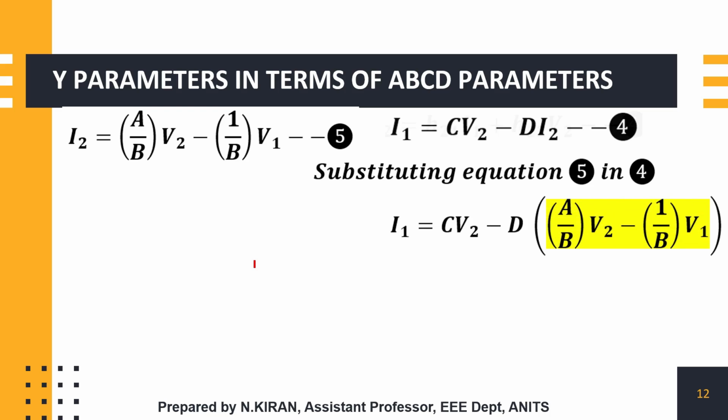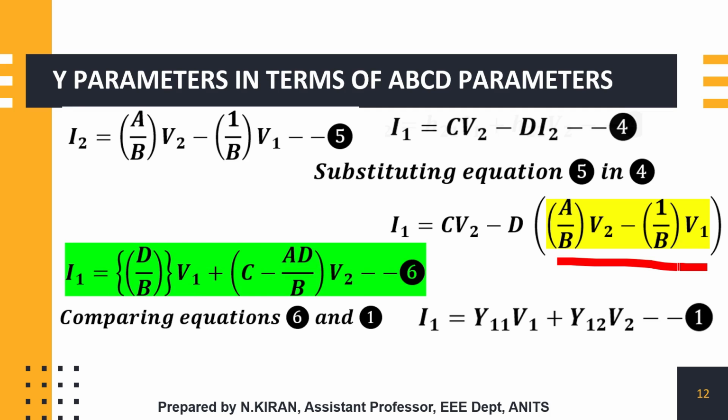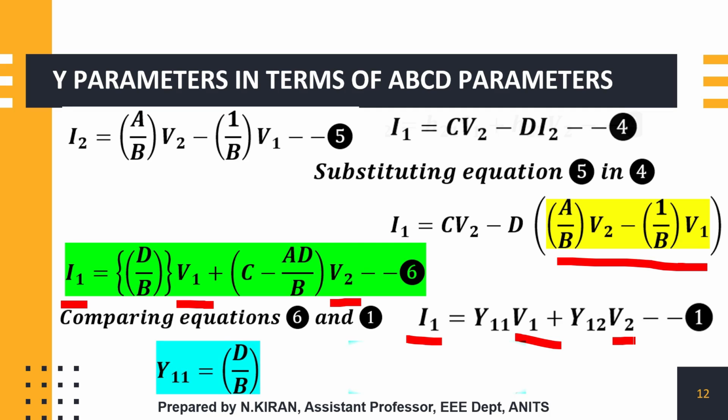When I substitute and rearrange the terms, it will give me this relation, which is indicated as equation 6. Now comparing this with the first equation, since both of them have the same variables, it will give me Y11 to be D by B and Y12 to be BC minus AD by B.